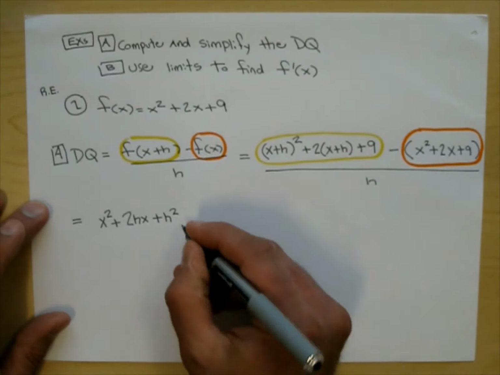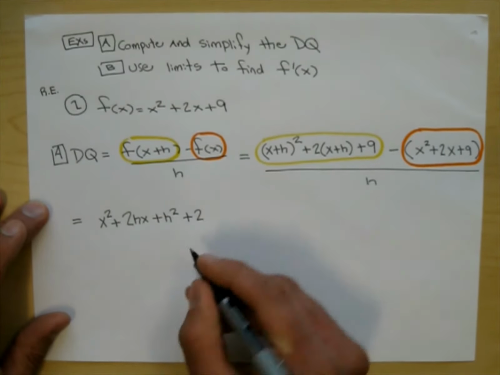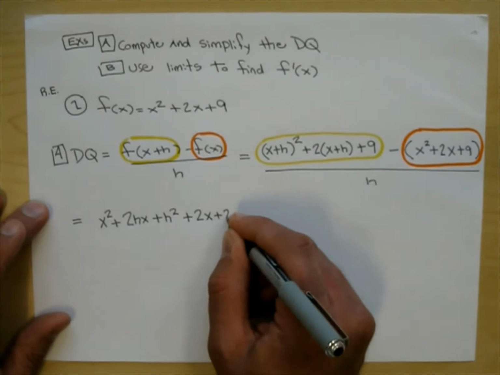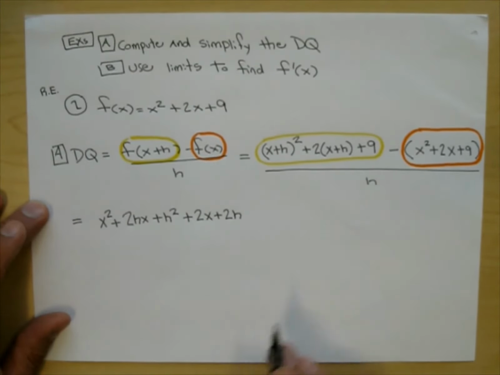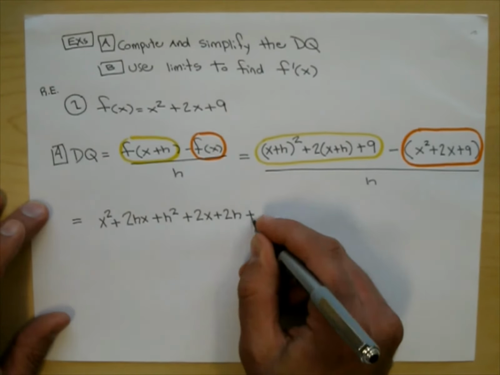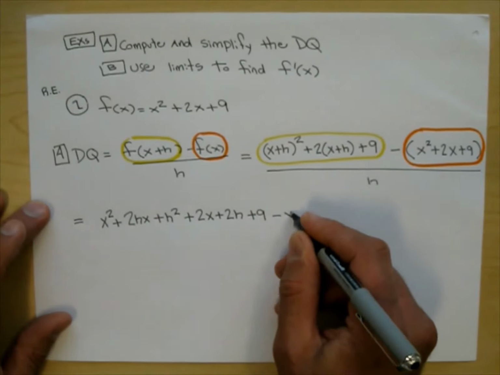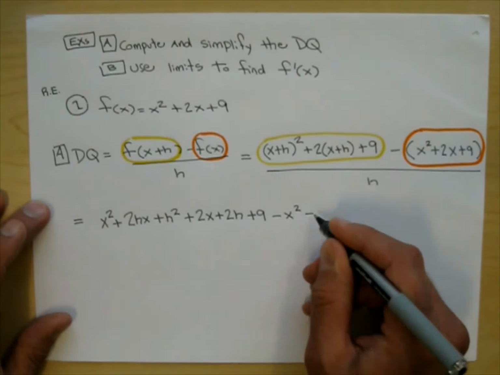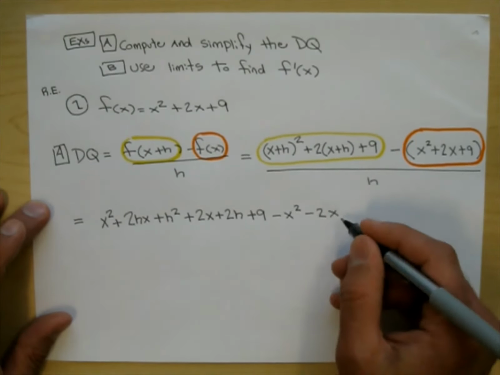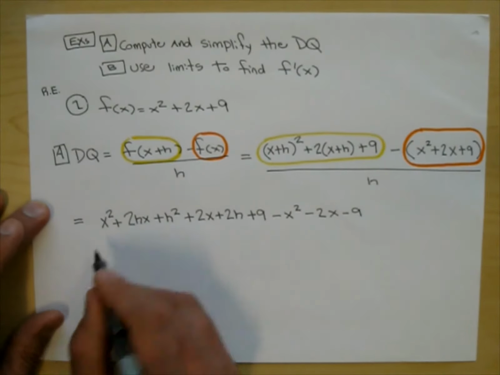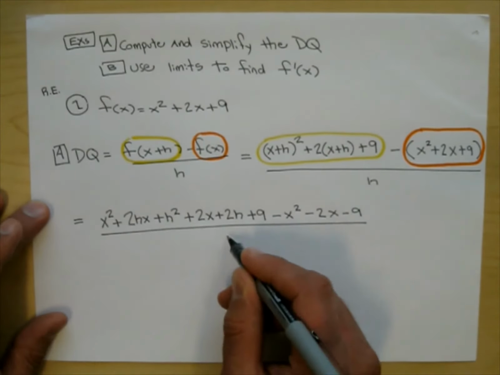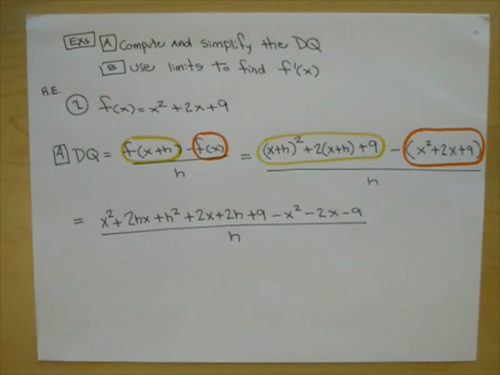Distributing the 2, x plus 2h, and then the 9 is there. Then I'm going to distribute that negative, minus x squared minus 2x minus 9. This is all over h.